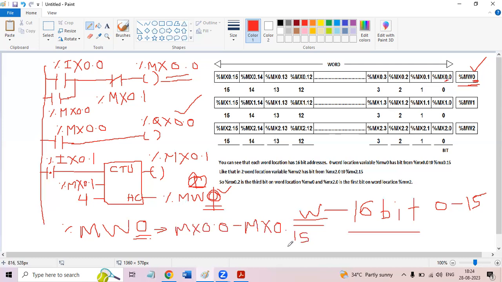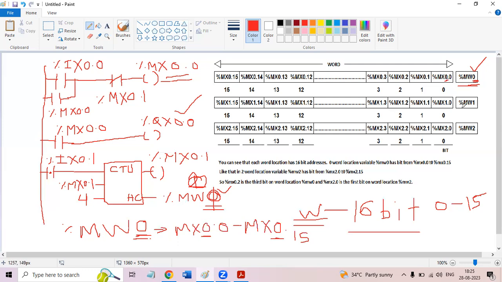So can you see this 0? It comes from here. So this is the word location. When you say MX 0.0, it is coming from the MW0 series. In the MW0 series, we have 16 flags, MX 0.0 to MX 0.15. Got it?